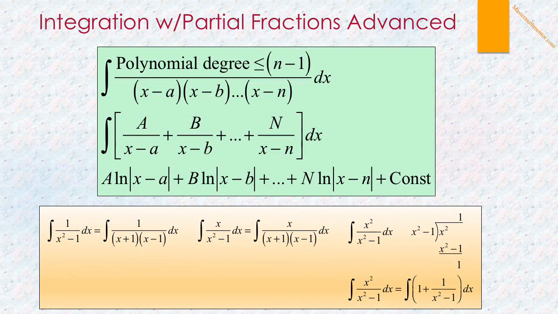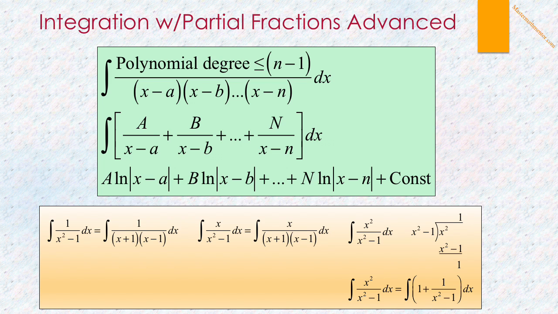As a review, we learned how to take the integral of an expression in the form of a polynomial of degree less than or equal to n minus 1 over the distinct factors x minus a, x minus b, x minus n dx.